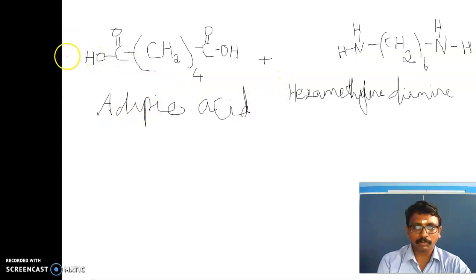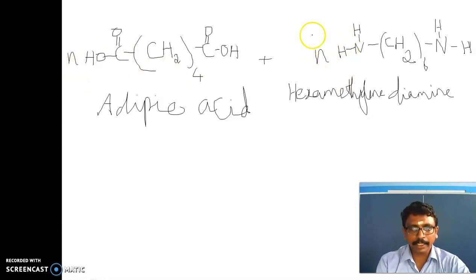Both are monomers, so we write a small n before the molecule. This n indicates a monomer. Mono indicates single and mer indicates part or unit. It contains a single unit, that is known as a monomer. So here two monomers are used: one is adipic acid and another is hexamethylene diamine.